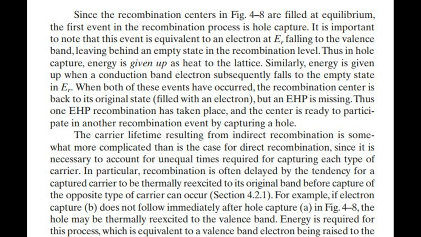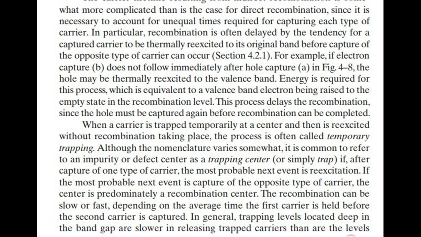For example, if electron capture, B, does not follow immediately after hole capture, A, in Fig. 4.8, the hole may be thermally re-excited to the valence band. Energy is required for this process, which is equivalent to a valence band electron being raised to the empty state in the recombination level. This process delays the recombination, since the hole must be captured again before recombination can be completed.